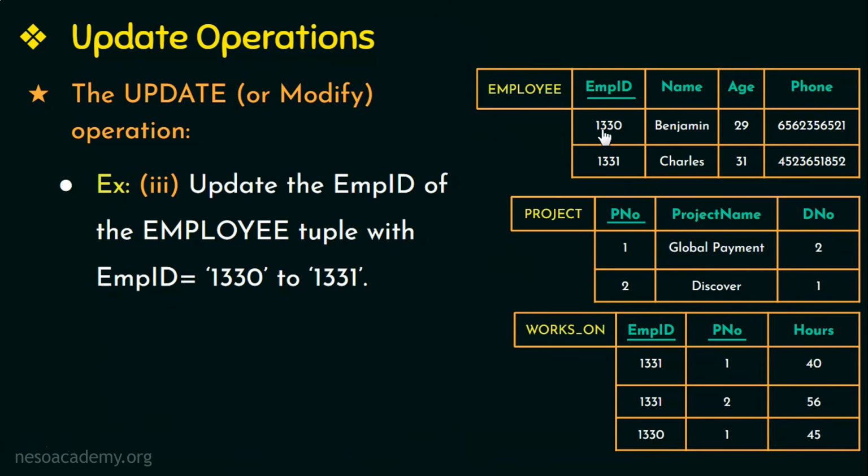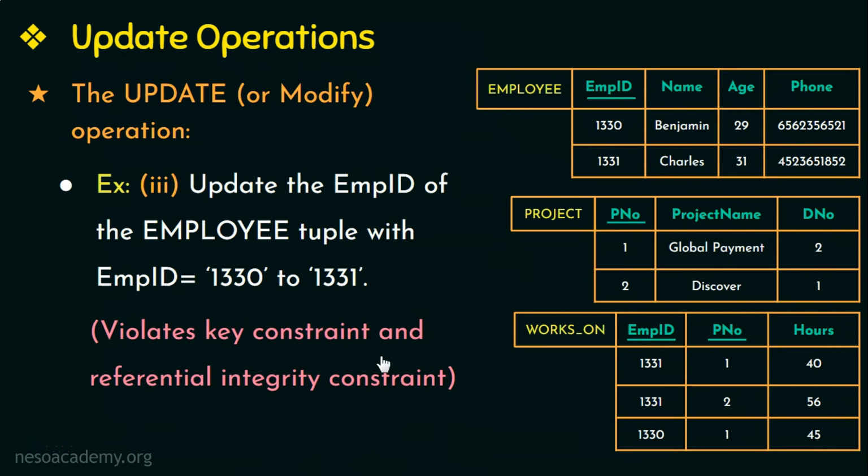So if I update the employee ID 1330 to 1331, it will violate the key constraint because there is already an employee ID with its value 1331. Also, updating this employee ID to 1331 will violate the referential integrity constraint because there is a tuple that refers to this employee ID. So therefore, this updation will violate the key constraint and the referential integrity constraint. So this is all about the update or the modify operation.